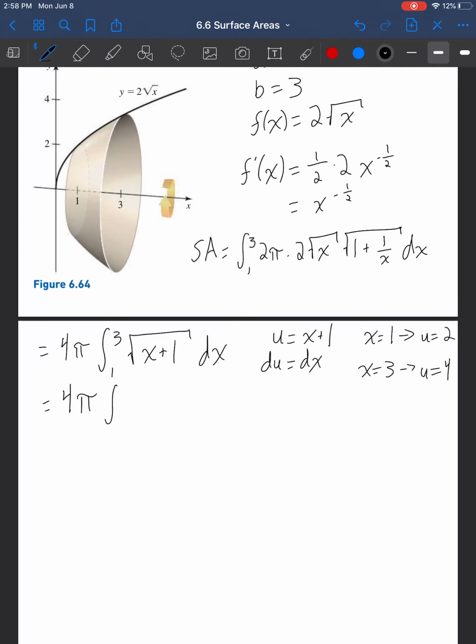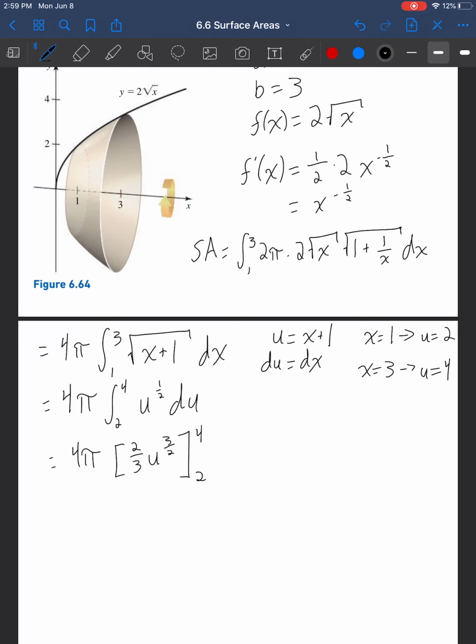So taking all this information, we still have the 4 pi out front. My bounds now become from 2 to 4, integral of the square root of u du. Okay? 4 pi, integral of u to the 1/2 is going to be 2/3 u to the 3/2. And this is evaluated from 2 to 4.